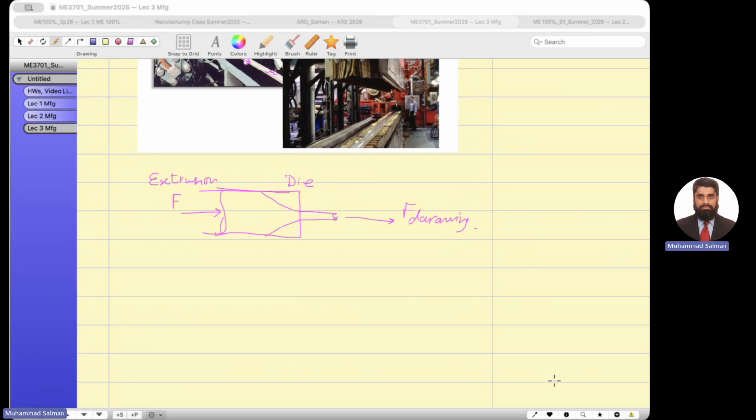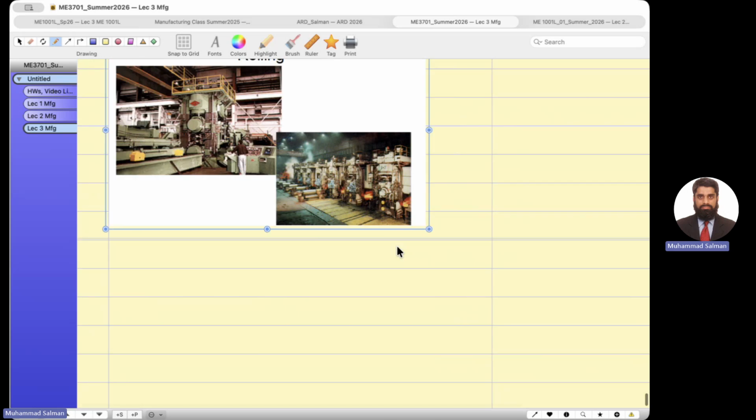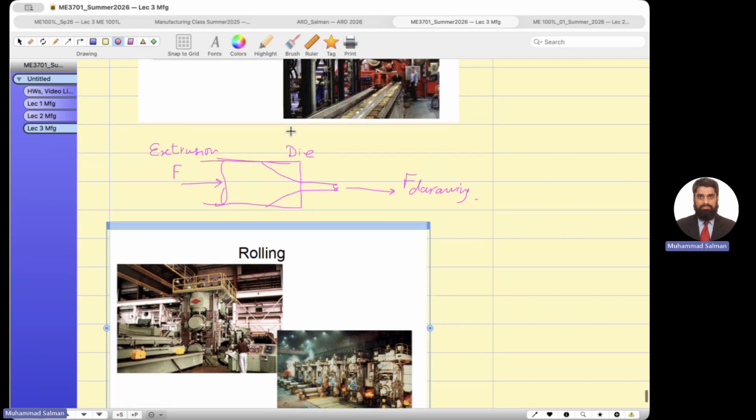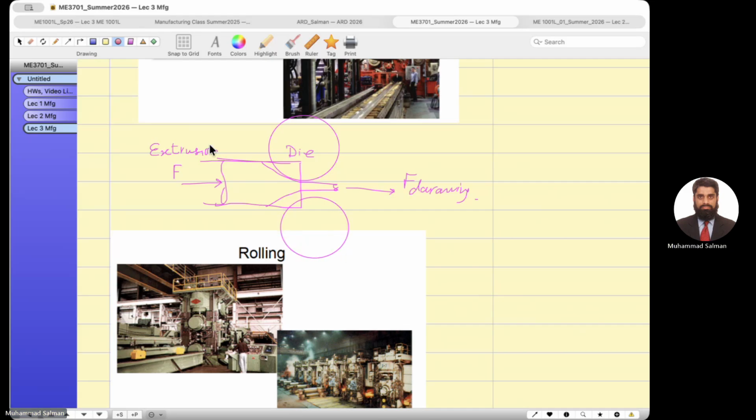Rolling process. You see big rollers. And I mentioned earlier that in the rolling process, it's the same thing. If I have a roller like this and a roller like this, it's like a drawing process, but in a very sophisticated manner. You have two rollers, the metal passes, and the rollers keep on reducing the diameter.